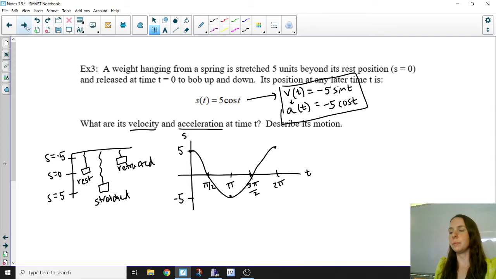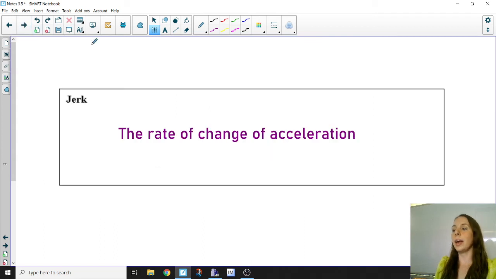All right. Now that we are talking about periodic motion and simple harmonic motion and sines and cosines, we can actually talk about one more rate of change, and that is jerk. If acceleration is changing, we call the rate of change of acceleration jerk.